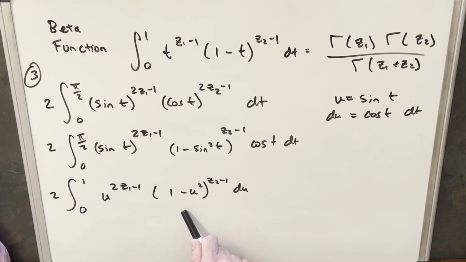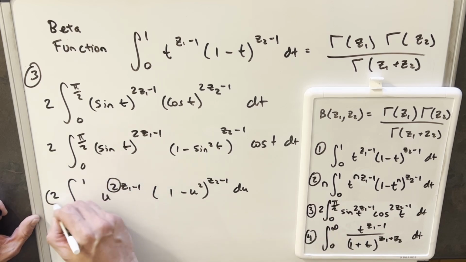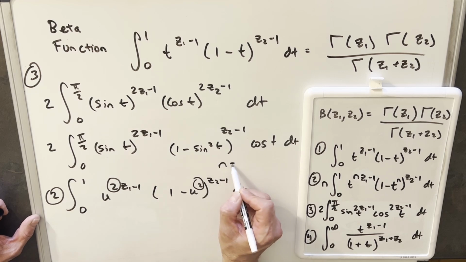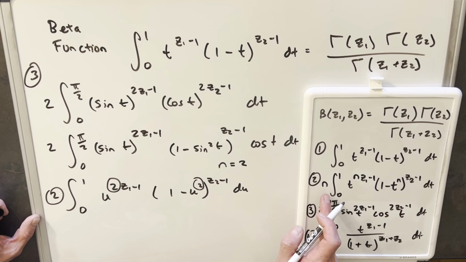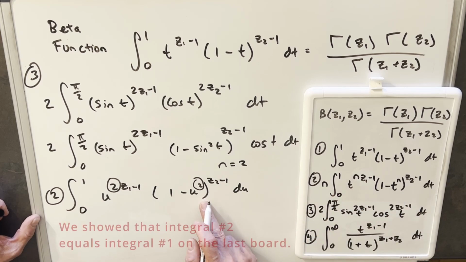And then at this point, this is starting to look pretty familiar. Let's go back to our formulas. What I want to notice is this integral here is actually in the form of number 2. Notice we have a 2 here, we have a 2 here, and we have a 2 here. So if you set n equal to 2 and you go to equation number 2 right here, you have the 2 in front of the integral, you have the 2 on the z1, and you have the 2 in the exponent here.